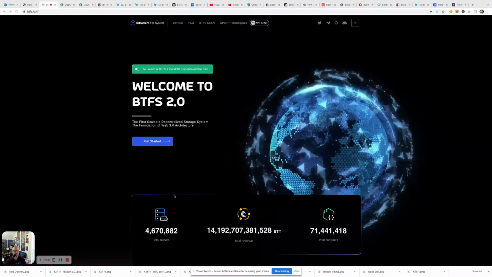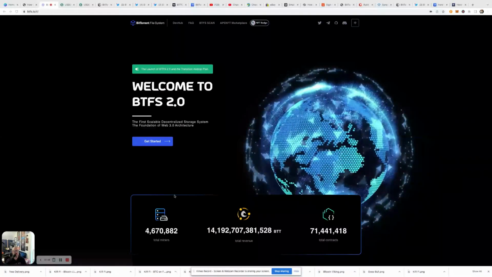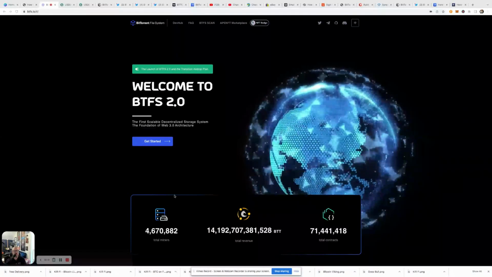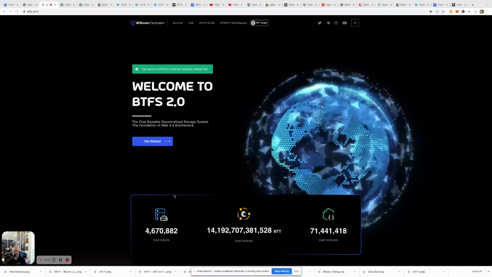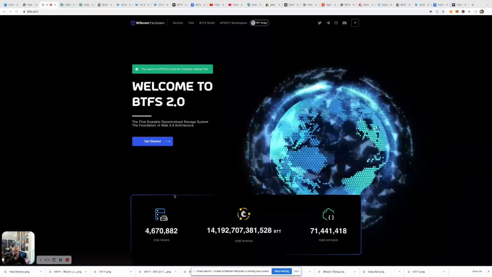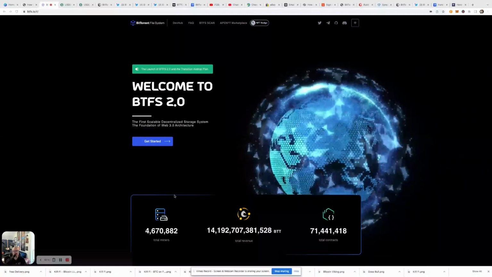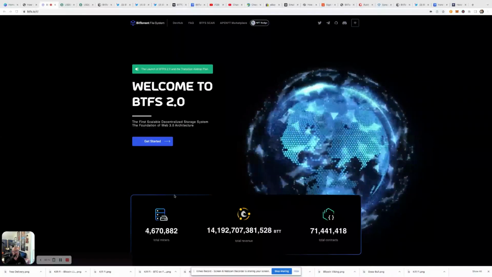So what that means is you're offering up spare space on your computer. And by doing so, they will then pay you in BTT. Now, as far as I know, I think it's only for Windows, so I couldn't test this because obviously I have a Mac. So it is a Windows-based application as far as I'm aware, and that's essentially how it works.